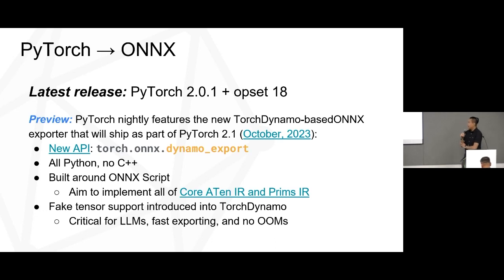In addition, fake tensor support was introduced into Torch Dynamo, and this is a very critical feature because it allows exports for LLMs. It allows faster exporting, allows better tracing of dynamic shapes, and it allows better memory usage so that we're able to see better export on systems that may have lower device or lower host memory.